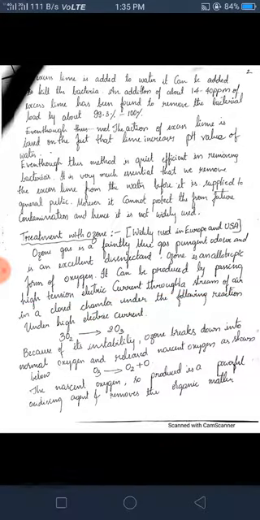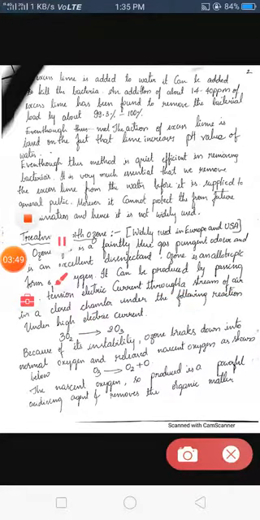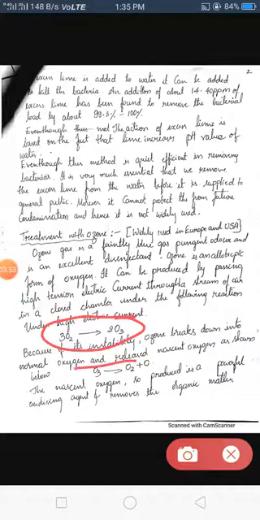When you pass high tension electric current through a stream of air, these reactions take place: the oxygen is converted into ozone. Next, because of its instability, the ozone again breaks down and releases oxygen and nascent oxygen, as shown in the figure.